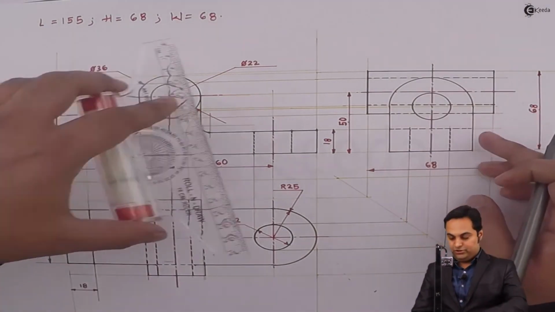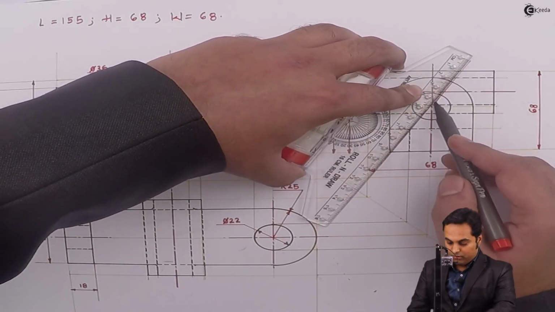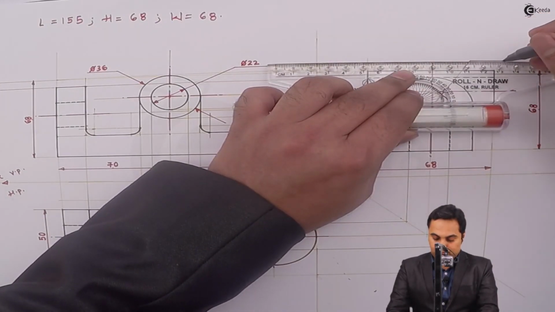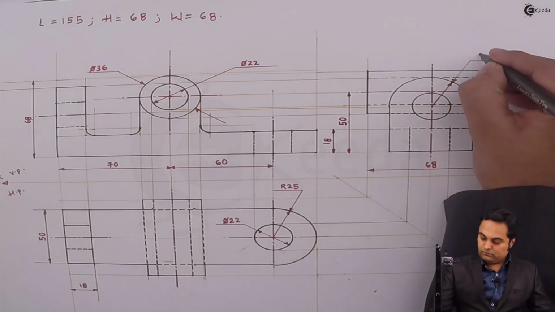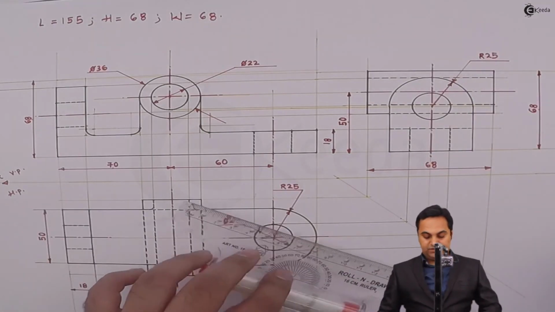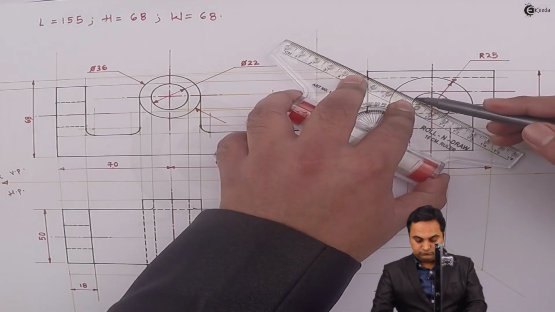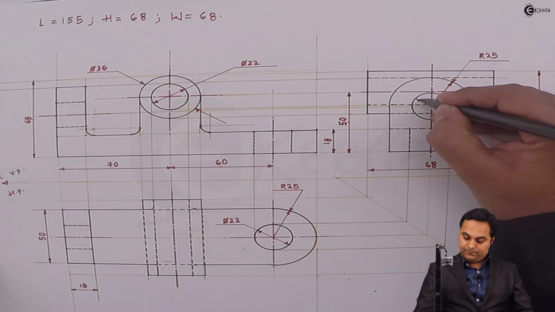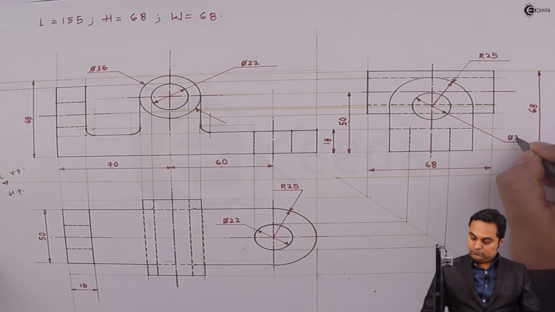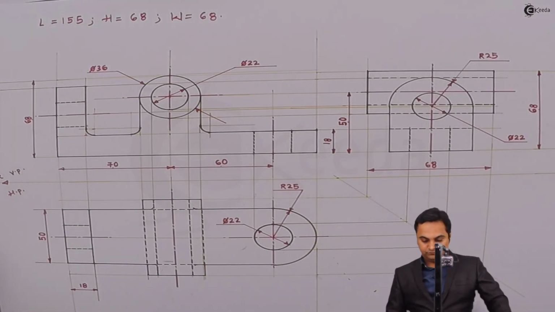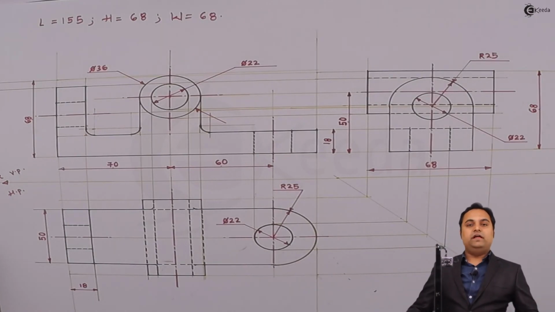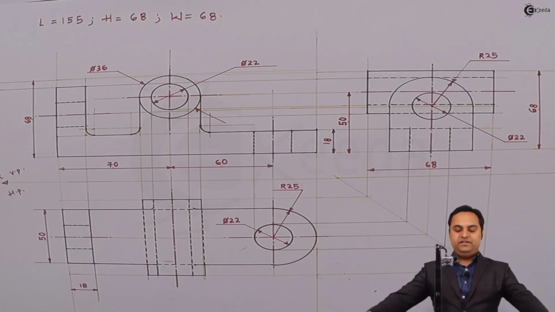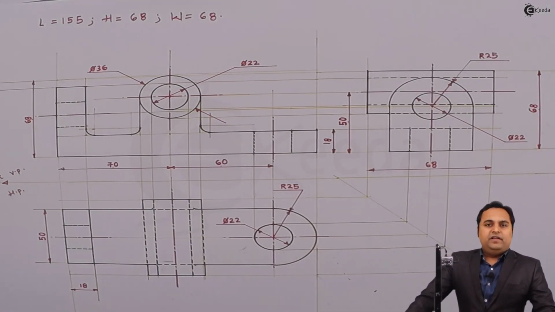Then this semicircular portion having radius 25 mm, inner circle having diameter 22 mm, and when I have given all the dimensions and completed the front view, top view and left hand side view drawn towards right hand side, I can say that the problem has been completed.